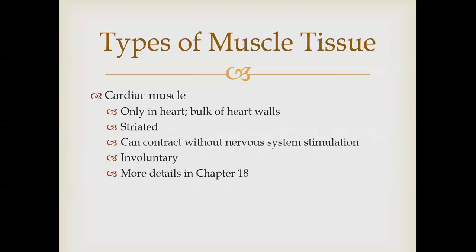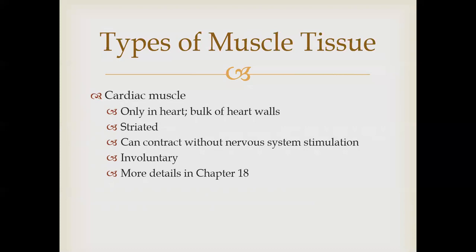Contraction is involuntary. It is controlled by the heart pacemaker, the nervous system, and the endocrine system. The contractions are slow and they do not tire easily.